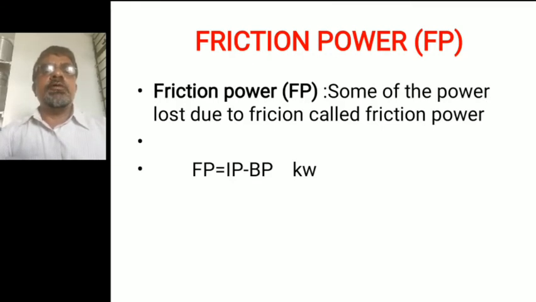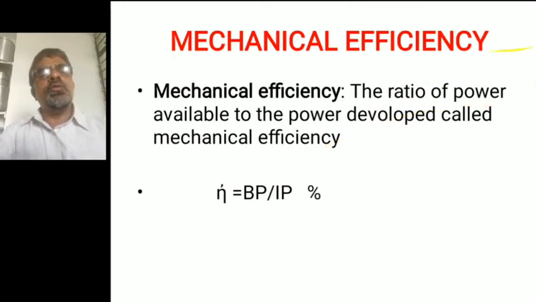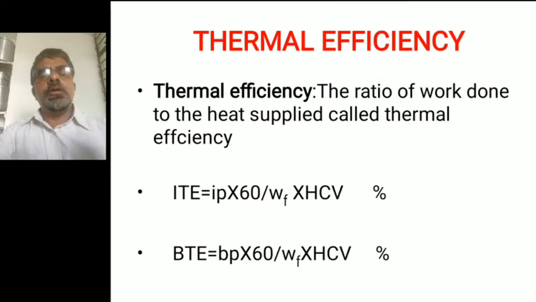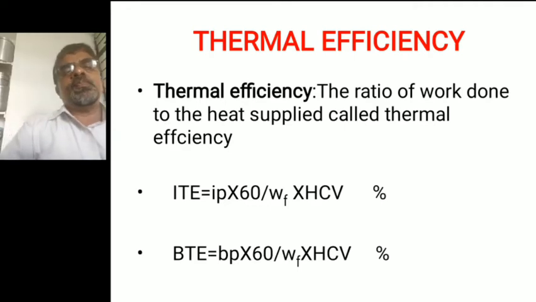Therefore, the remaining power is known as friction power. Friction power may be calculated as the difference between indicated power and brake power, and the unit of indicated power, brake power, as well as friction power is kilowatt.